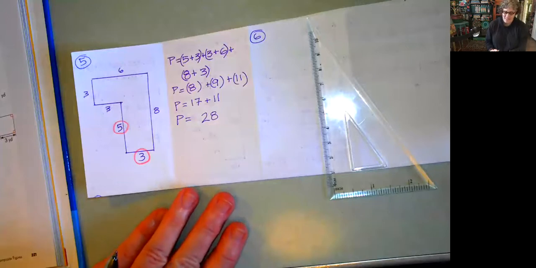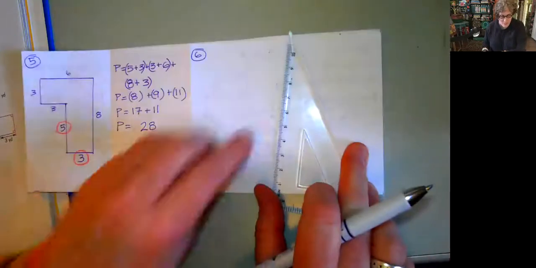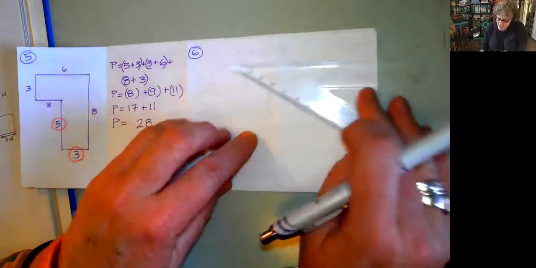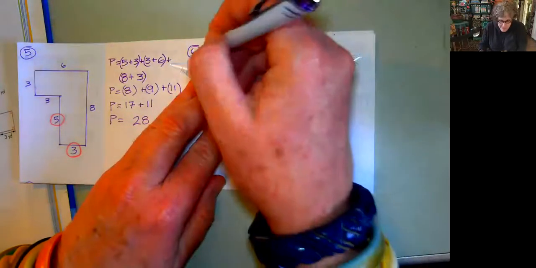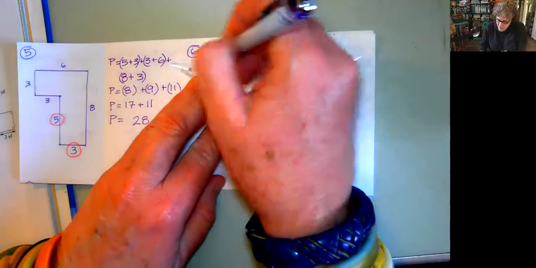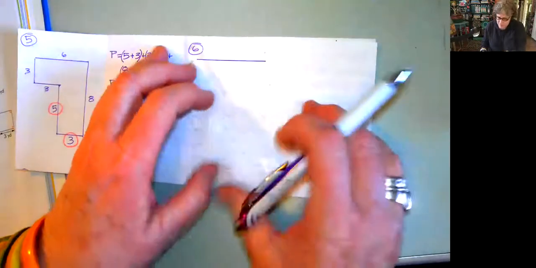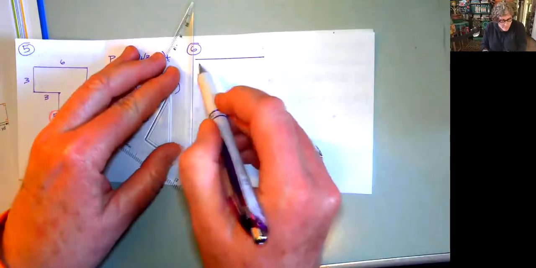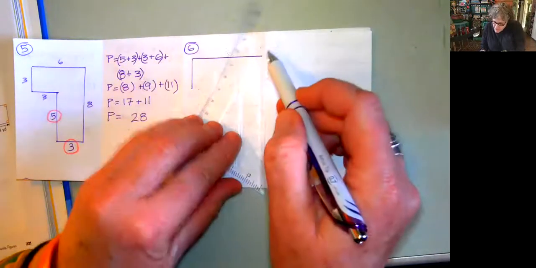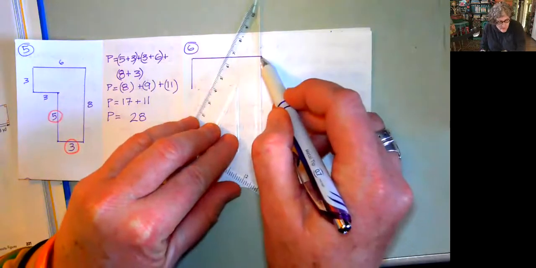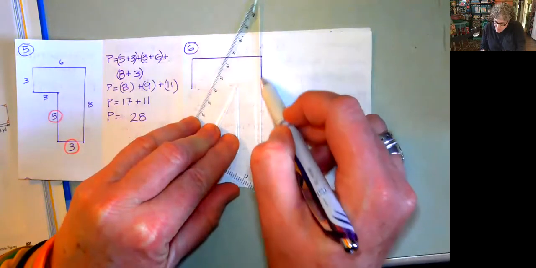I like that. Okay, let's look at number 6. Number 6 is a big, weird shape. It's like a T with a really skinny stem. So I have this big fat top, and this matches this. They look like they're the exact same length.